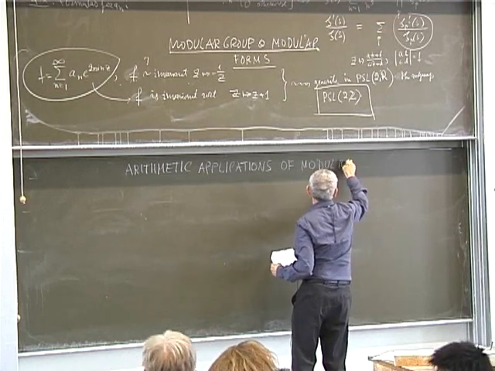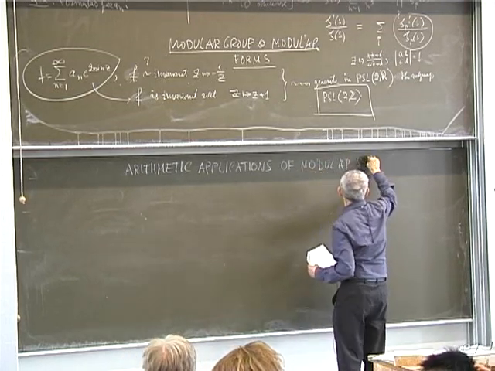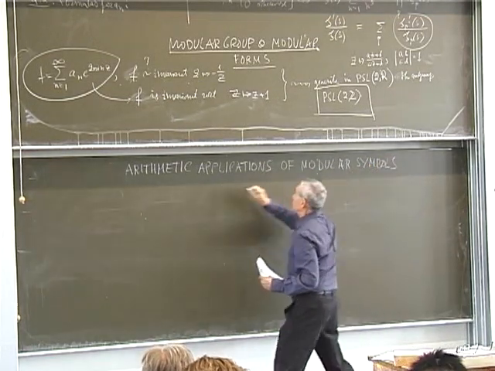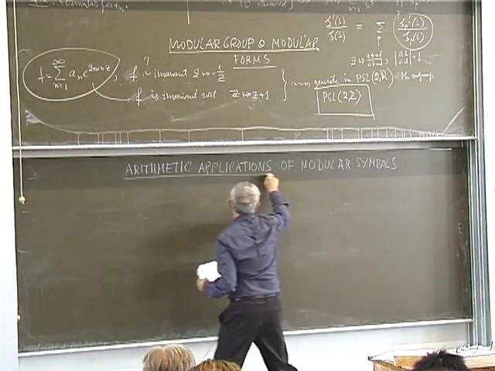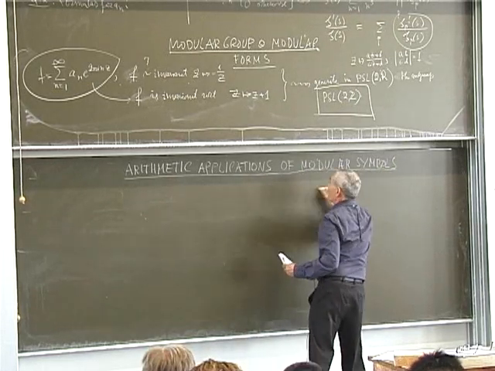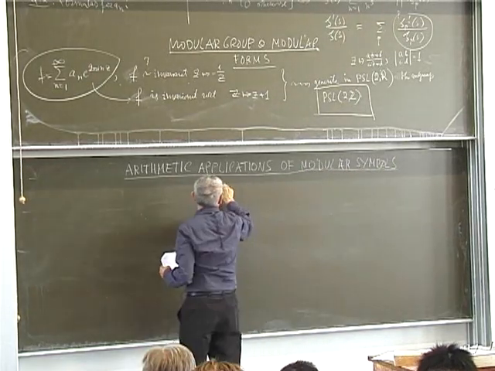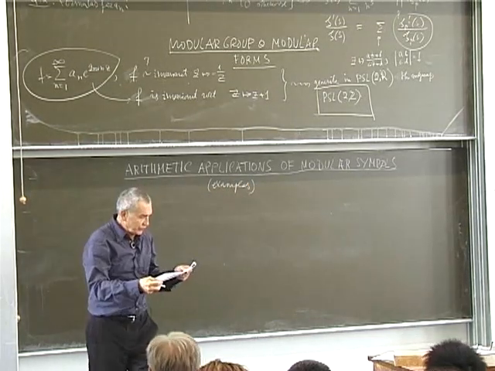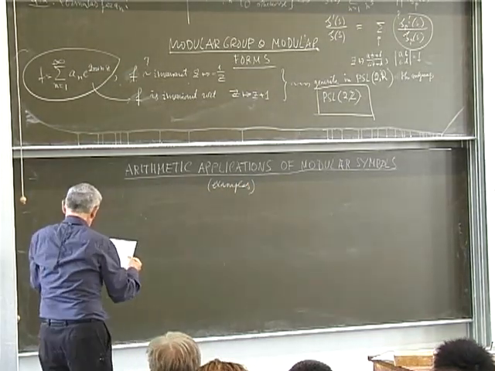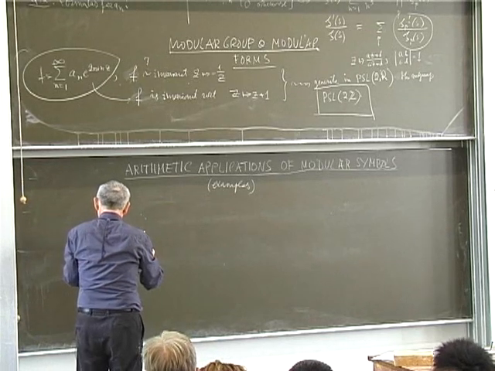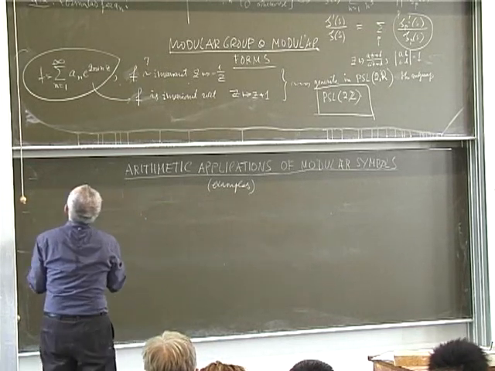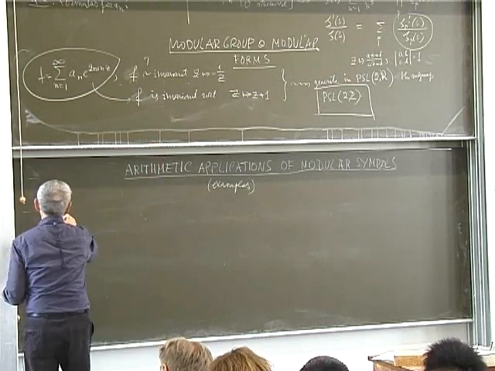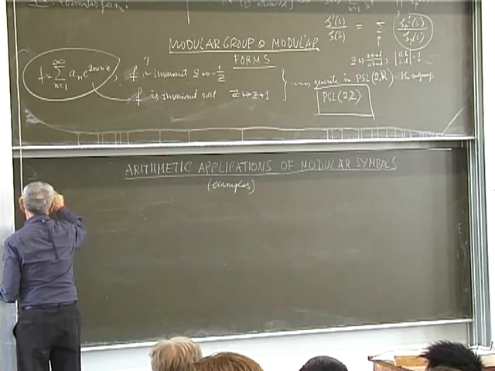Classical modular symbols. Just examples. They are a part of a much more systematic picture, but just to introduce you to what we can get in this way. Okay, let's start with that one formula. So example number 1.